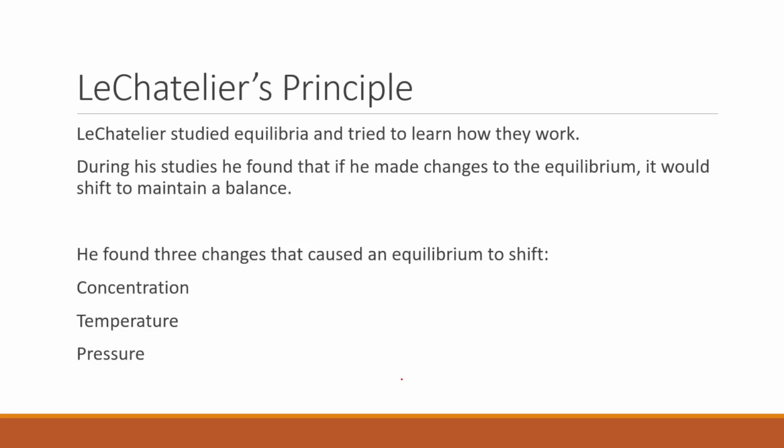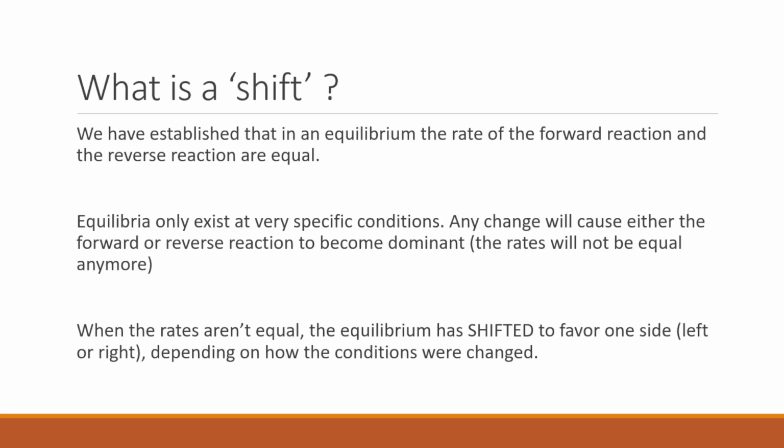But before we are able to really talk about what happens, we need to define this word. We need to talk more about the idea of a shift. When we look at an equilibrium, if I take this equilibrium of A plus B going back and forth between this compound AB, this by itself is a reversible reaction.